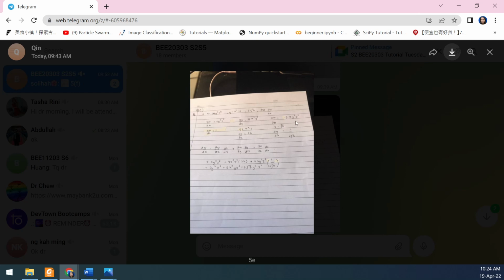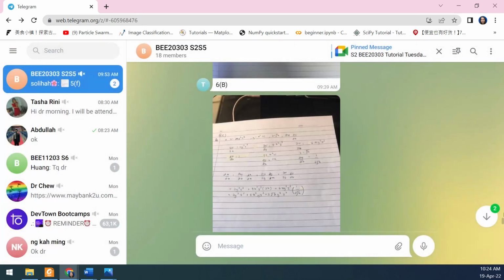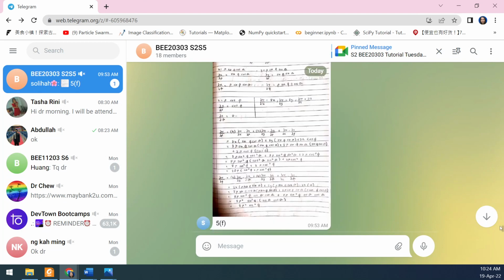Just need to polish. And the first one is correct. This one is missing. The third, ∂w/∂z, is missing a little bit. ∂w/∂y is wrong. Okay, doctor. Okay, this one, question 5F.